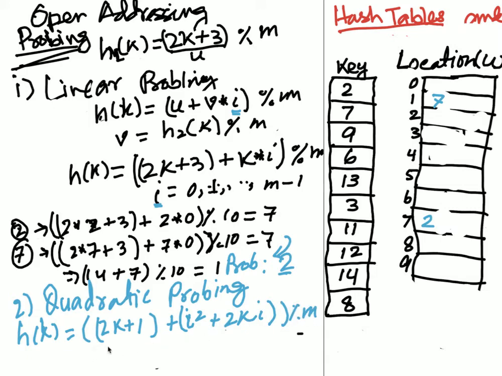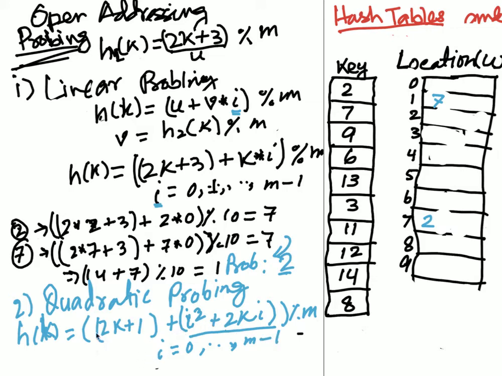This is called quadratic probing. Here i has power 2, so this is a quadratic function, and i will be 0 to m minus 1.